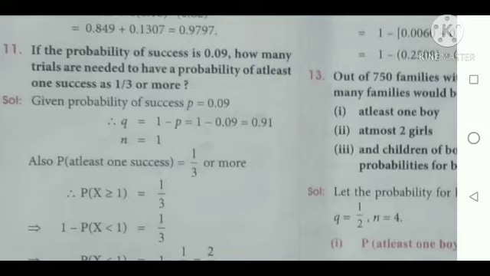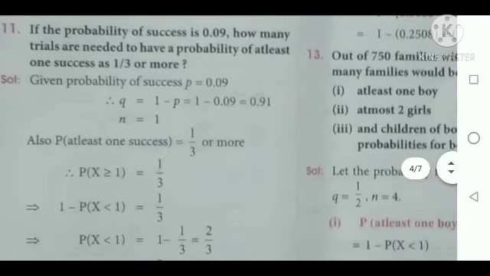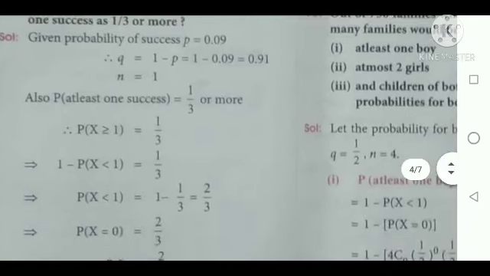Therefore Q equal to 1 minus P, it becomes 0.91, and N is what we need to find, because how many trials are needed to have a probability of at least one success as 1/3 or more. So P of at least one success is greater than or equal to 1 by 3, that is 1 minus P of X equal to 0 greater than or equal to 1 by 3.